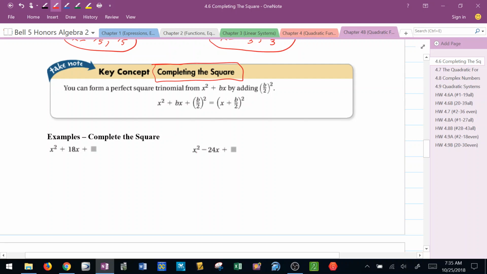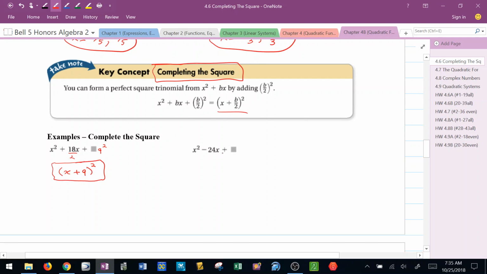We need to find the value that would create for us this thing that's called a perfect square. All right? To do this, it's a very simple process. What you're going to do is take b, which is 18, divided by 2. That gives me 9, and square it. All right? Then I can write this as x plus 9 quantity squared. All right? That's completing the square.